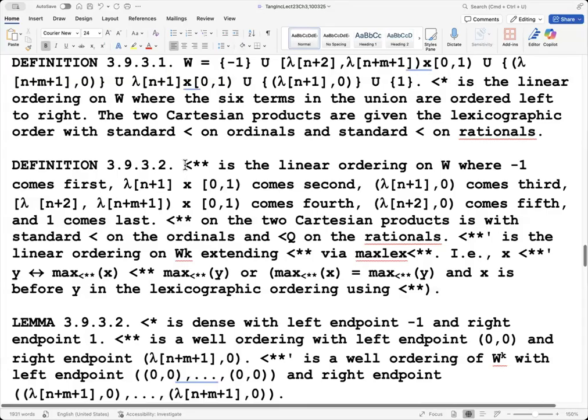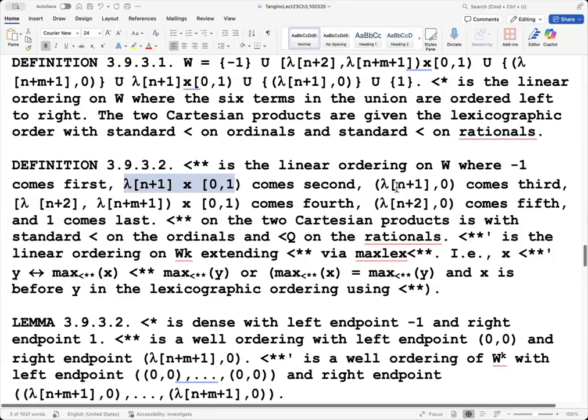All right. So less than double star is the linear ordering on W where this comes. So this is the subtle one, the well ordering. Minus one comes first. That's not too important. What comes next is this thing way out here. This is right here. This is what comes first, which is really in the second half.